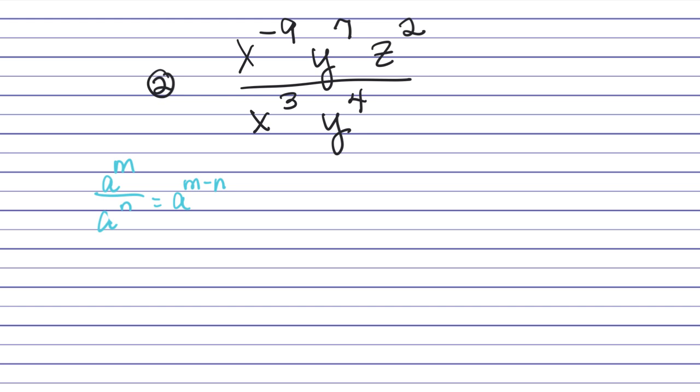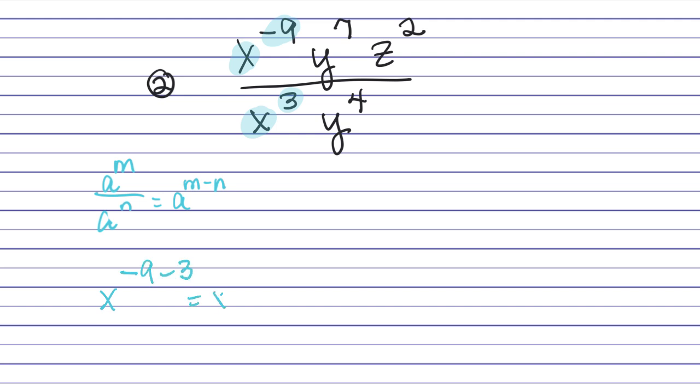So what I notice here is that my bases are the same. So I'm going to end up subtracting -9 minus 3. So I'm going to come down here and write x and then -9 minus 3.